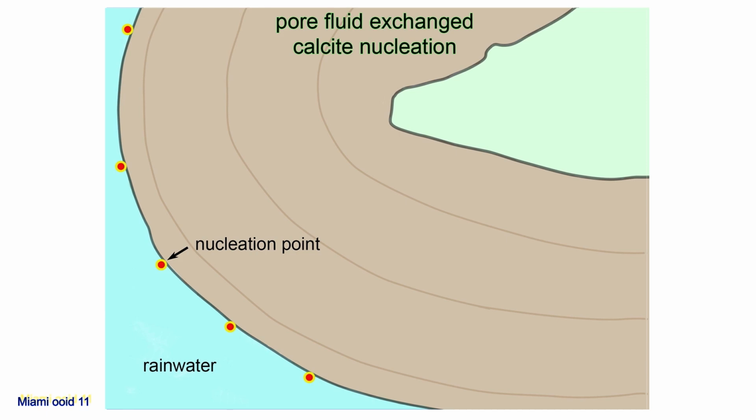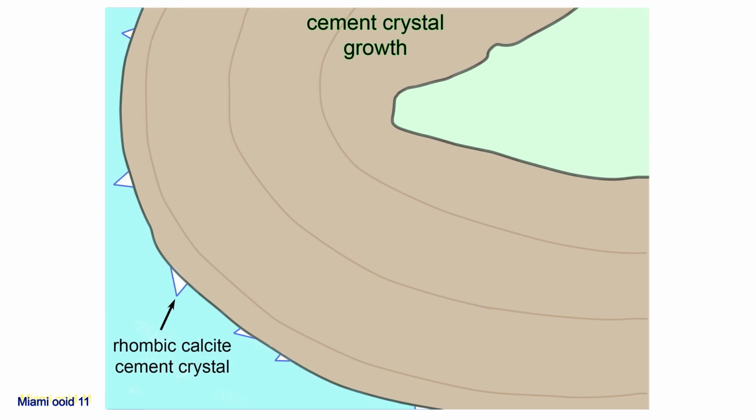That then became supersaturated with respect to calcite, causing randomly oriented calcite crystals to be nucleated on ooid 11's surface at the red spots. Calcite grew from each nucleus, across the ooid's surface, and out into the intergranular pore. The crystals' growth surfaces are shown as simple rhombs.